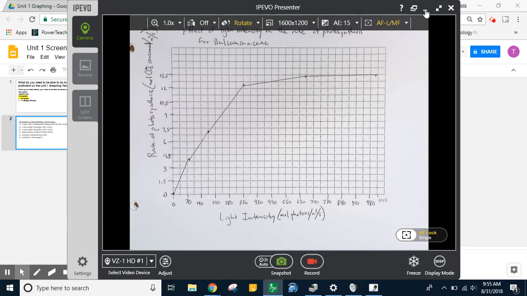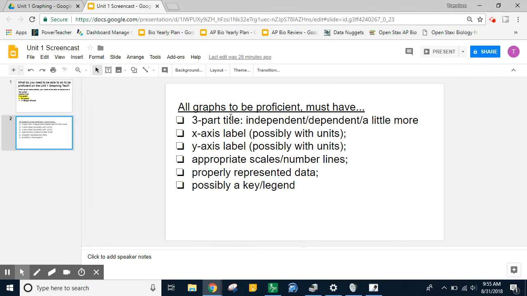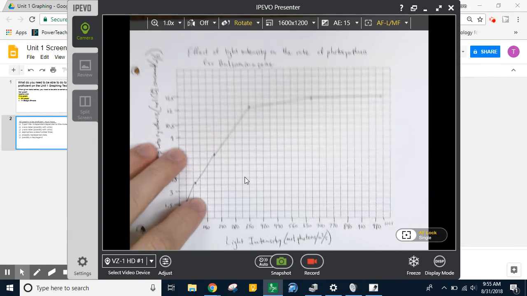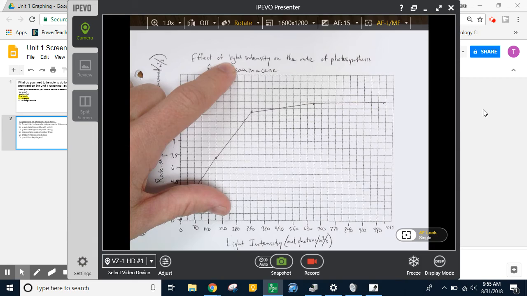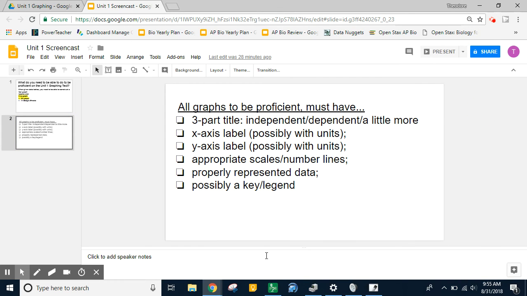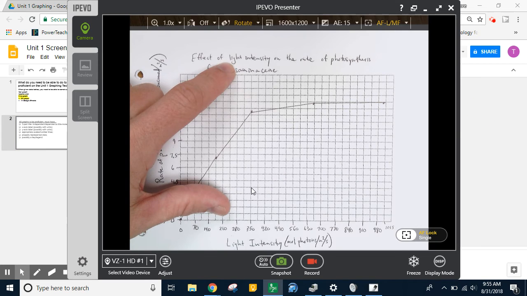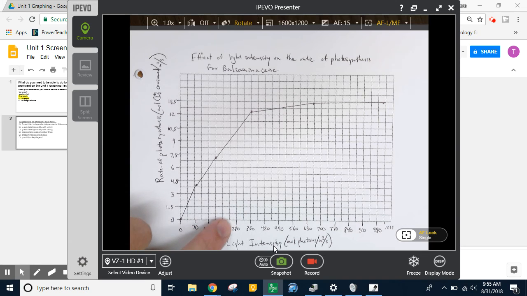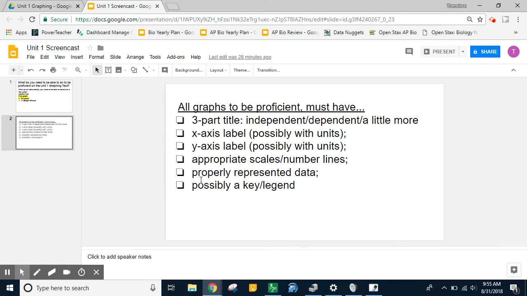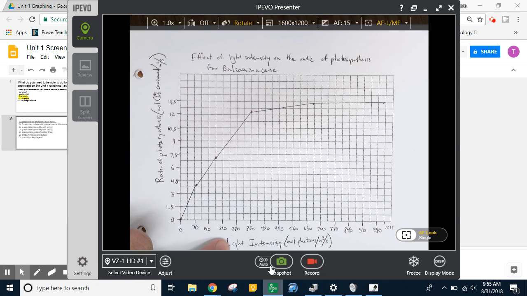So I'm going to do a little jumping back and forth here. So again, 3-part title, all set. X-axis label, all set. Y-axis label, all set.